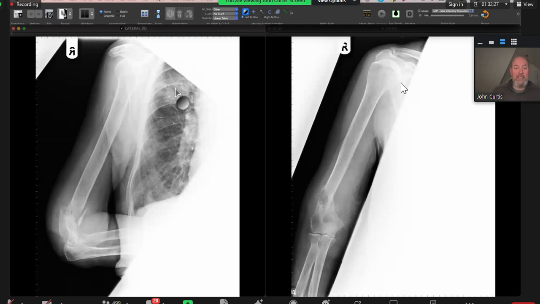Now, there might be a chest X-ray where you've got a pathological fracture and a patient who's got maybe a mastectomy. So in other words, when you see this in the exam, look around the rest of the film and make sure that there's nothing else that could be a clue as to the primary malignancy.